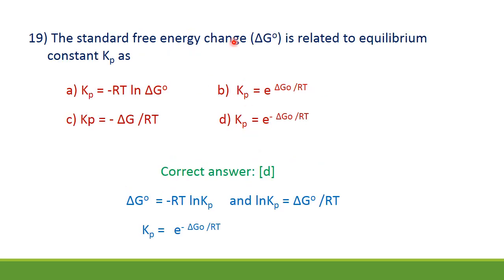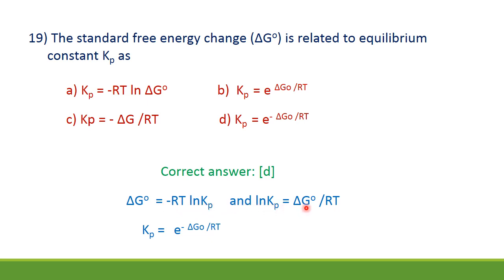Question number 19. The standard free energy change delta G0 is related to the equilibrium constant. இது ஏற்கனவே isotherm-ல நாம பார்த்துருக்கோம். Kp will be equal to e power of minus delta G0 by RT. இதுதான் correct option. That is delta G0 will be equal to minus RT ln Kp. இப்போ இதிலிருந்து ln Kp எடுக்கணும்.